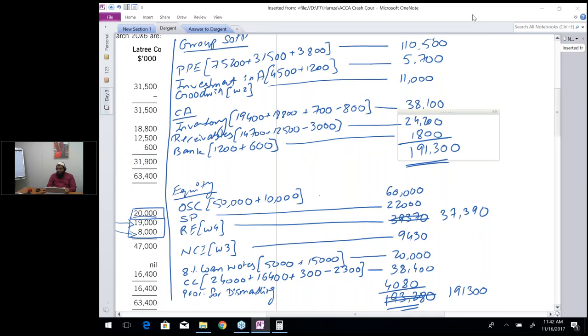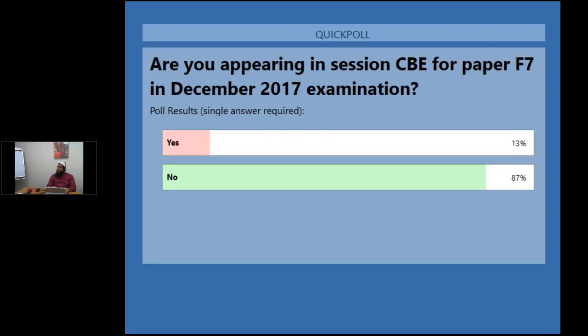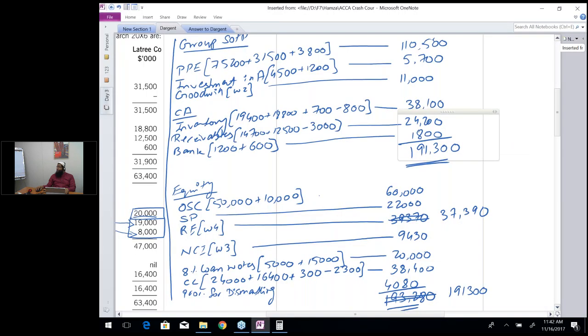Okay, so approximately there are very less students who are actually going to give the CB exam. So I would prefer moving from the CB to the manual format for the next question.